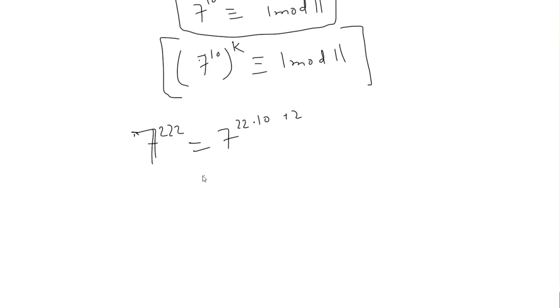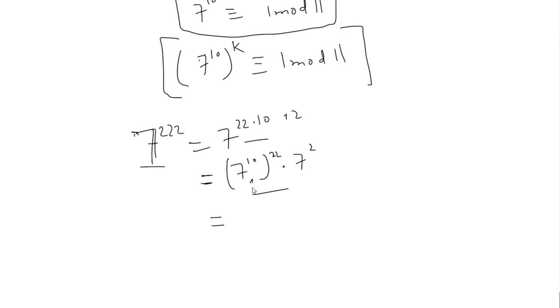And if we express it differently, this will be equal to 7 raised to the power 10 times 22, times 7 raised to the power 2. So this and this, they all mean the same. All we have done is express them differently.